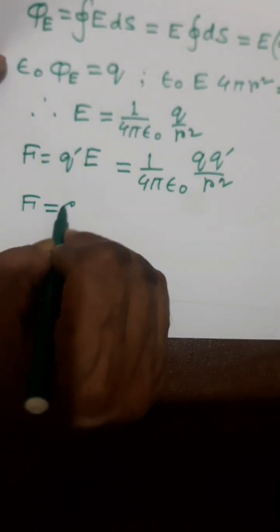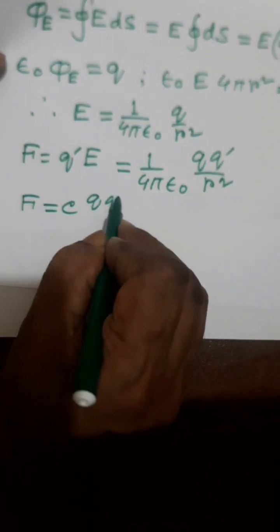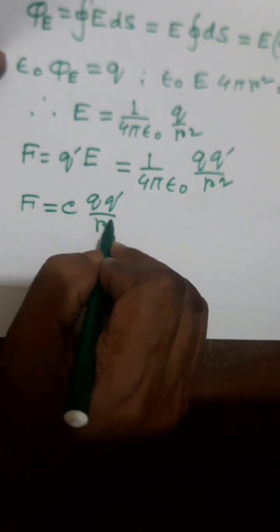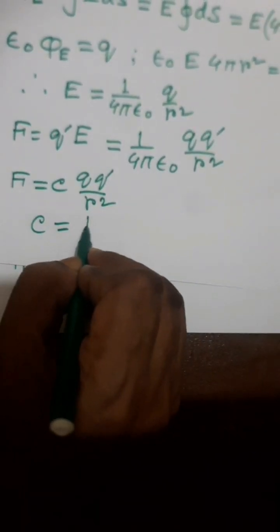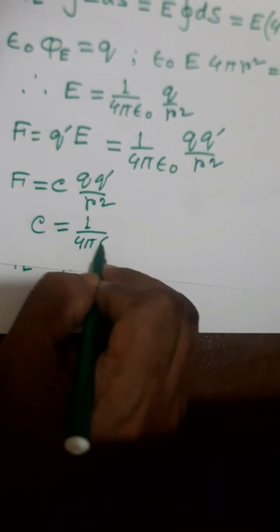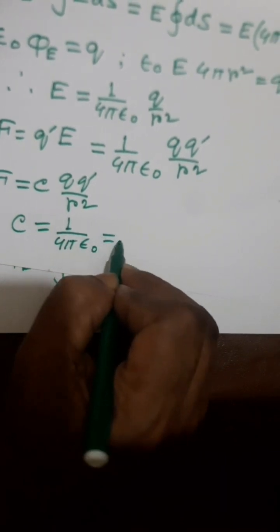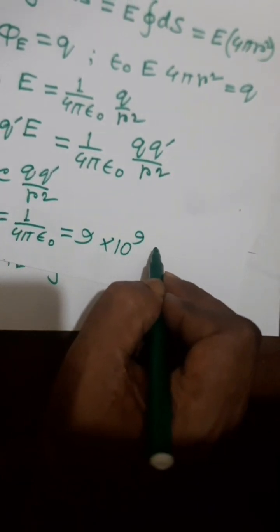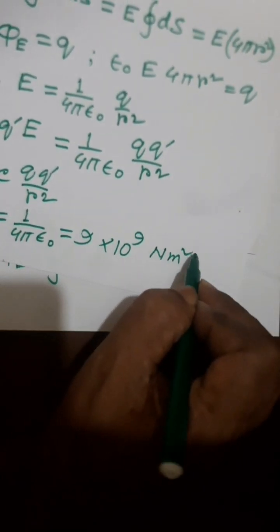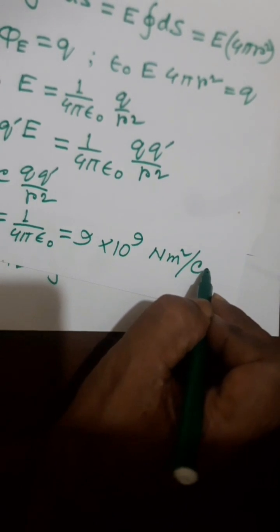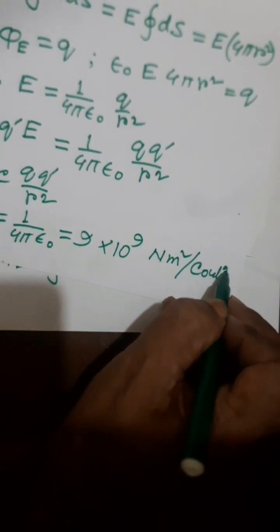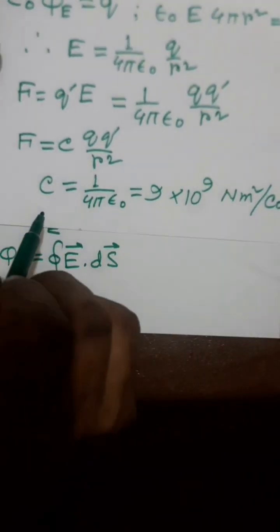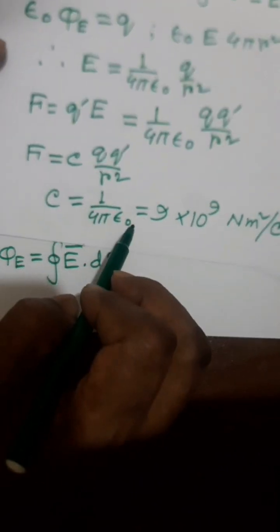F equal to C Q Q dash divided by r square, where C equal to 1 by 4 pi epsilon naught, that is 9 into 10 to the power 9 Newton meter square per Coulomb square. Thus, we can derive Coulomb's law from Gauss's law.